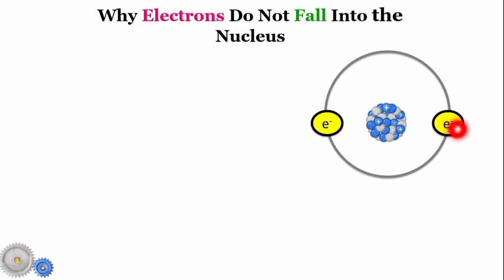Number one reason, electrons in the shells move at high speed. Now, what is happening to the force of attraction between protons and electrons in the shells? So we need to understand three types of forces.